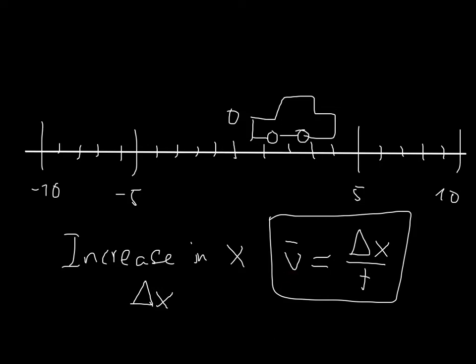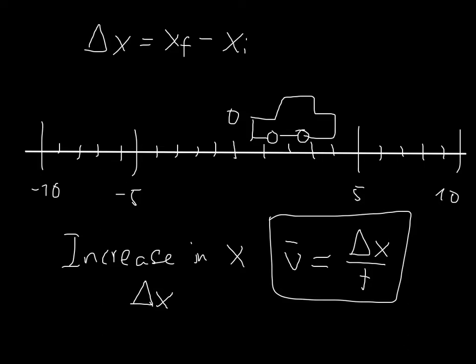Now, we can write this thing a little bit more formally, and I'm going to write down here, but it's really obvious, and you should not memorize this. If you understand what an increase is, then this is just common sense. So I will say that the increase in displacement is just the final displacement minus the initial displacement.